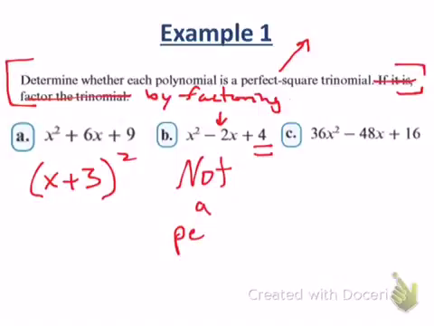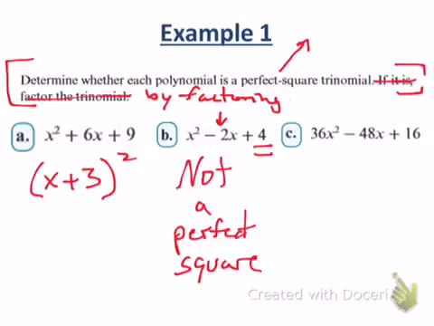It's not factorable. It's prime. Is this all we're doing related to perfect squares? Yes. We're just wanting to identify by factoring whether something is a perfect square or not.